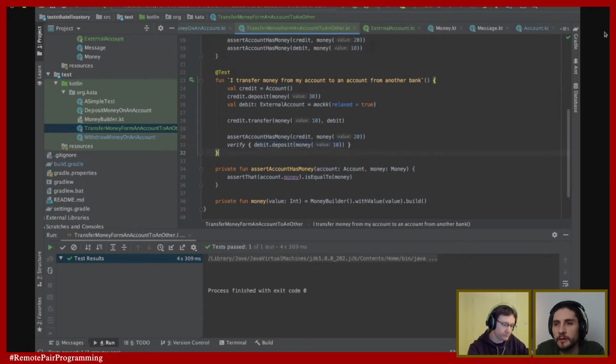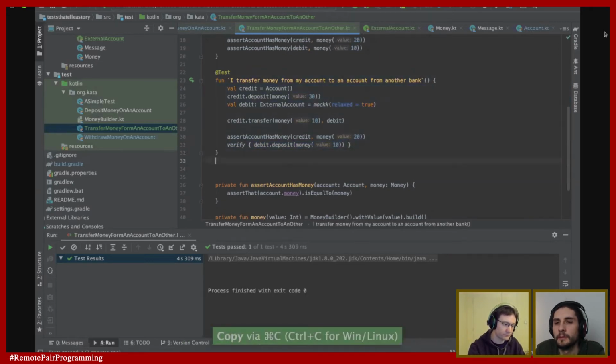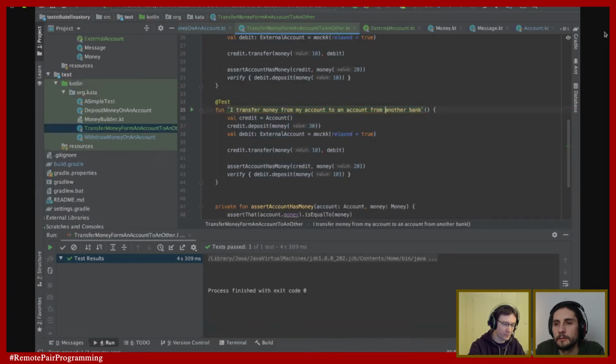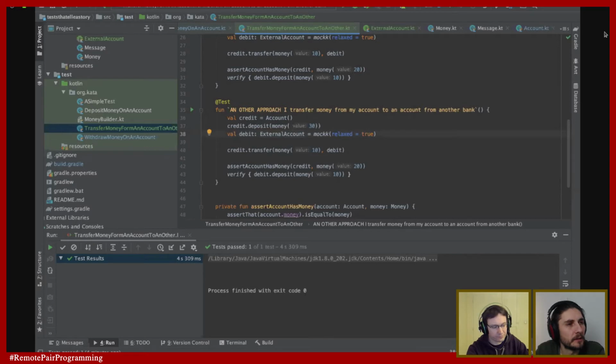We could also try the other approach, where you don't use mocks, but you consider the external account as being on a layer with the rest, and basically you're introducing a design layer, and that external account would create a proxy object for whichever bank it is, so it will make the transfer.